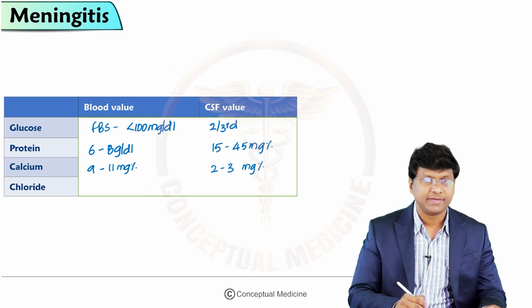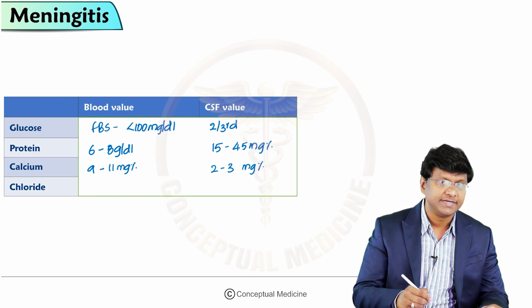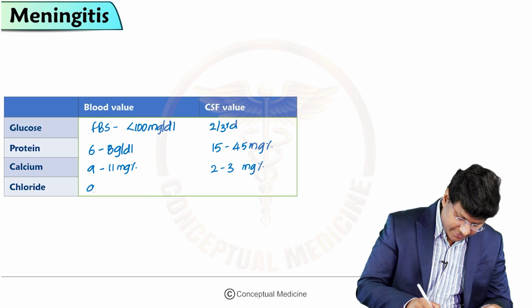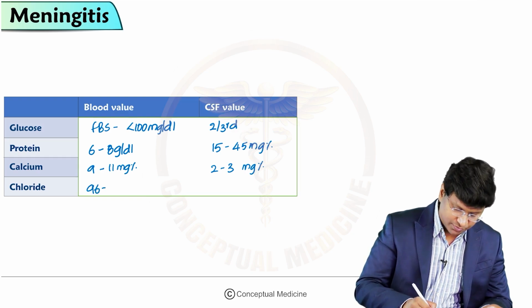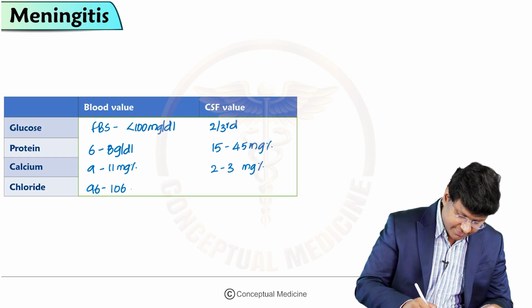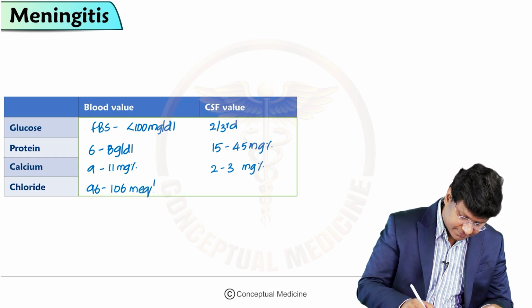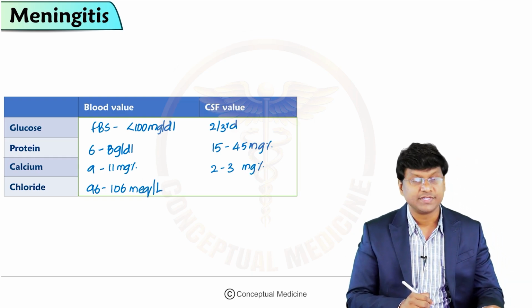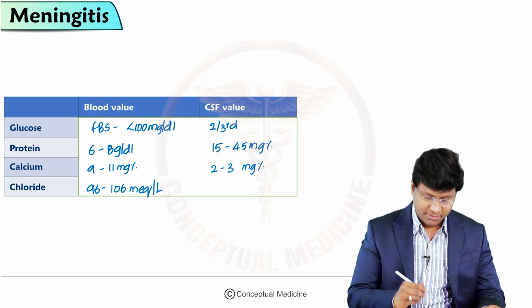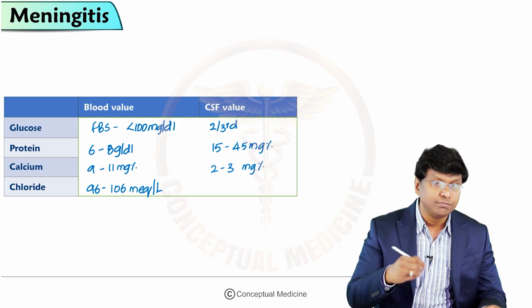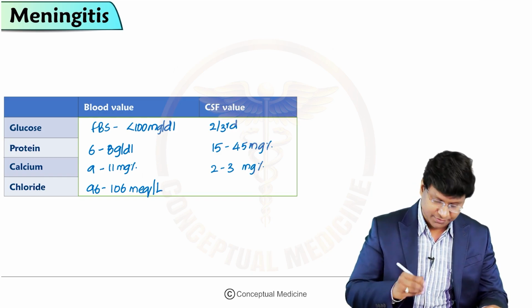And if you take the chloride value in the serum, it will be around 96 to 106 milliequivalents per liter, whereas in the CSF it is more than the blood value. How much?